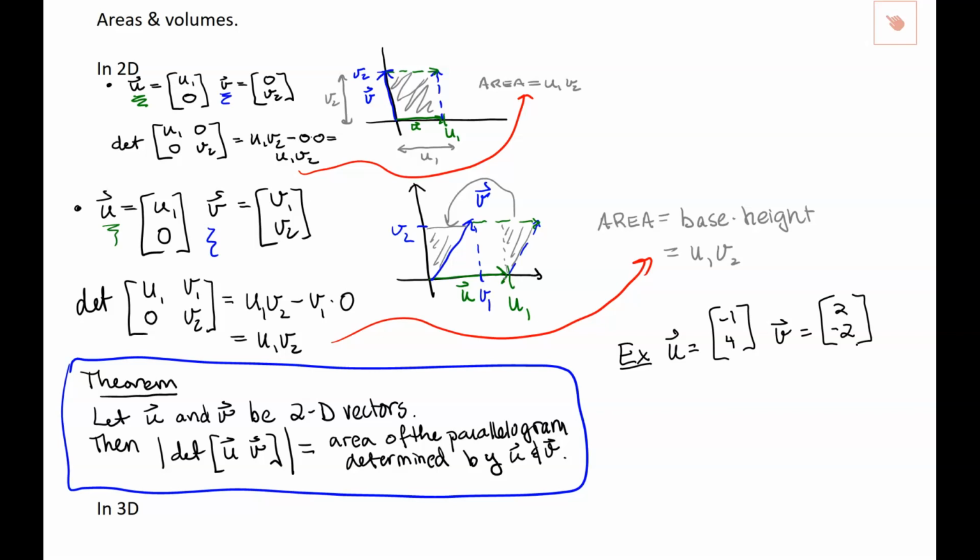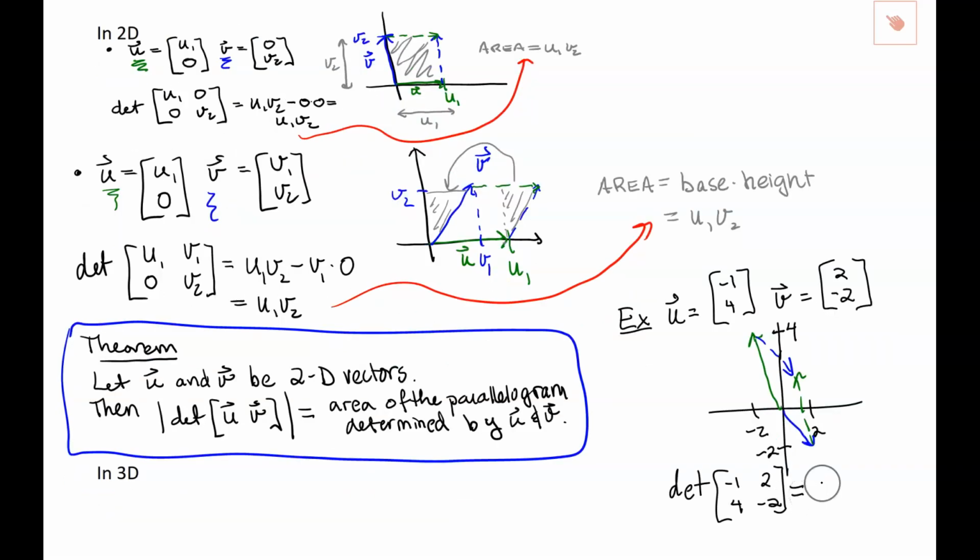And what does the picture look like? This. And I've obtained again the parallelogram by just making copies of those vectors and situating them in a tail-to-tip way. And the area of this parallelogram is going to be equal to the absolute value of the determinant, just like the theorem says.